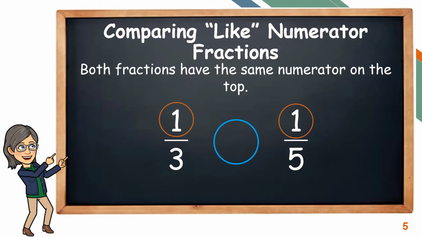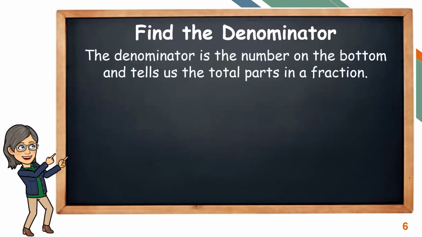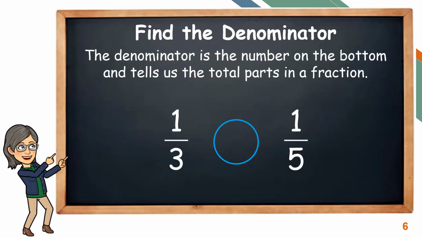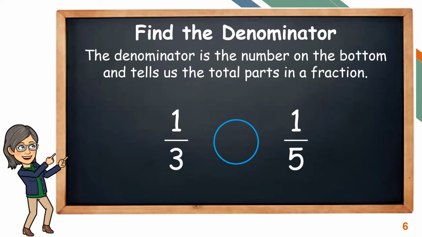Now let's find the denominators in these fractions because both parts of fractions help us compare them. Remember, the denominator is the number on the bottom and tells us the total parts in a fraction. What is the denominator in 1/3? If you said 3, you are correct.